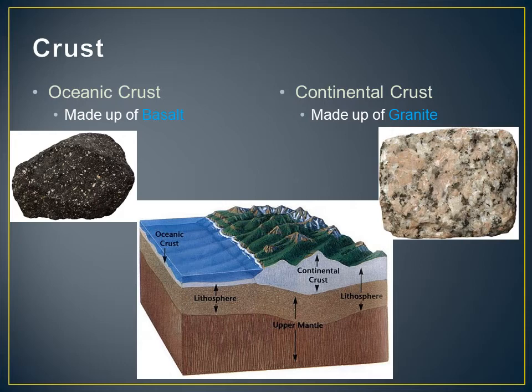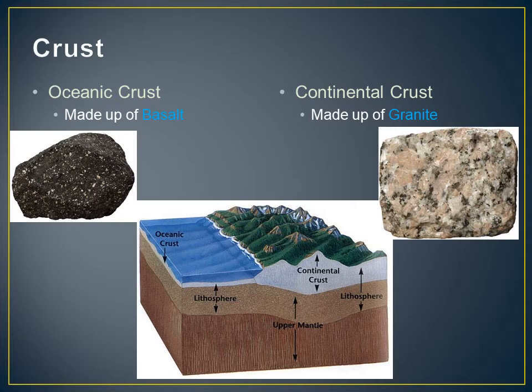Now, the crust is primarily made up of two types of rock. And this differs between what we call the oceanic crust, the crust of the ocean floor, and the continental crust, the dry land portion of the crust.